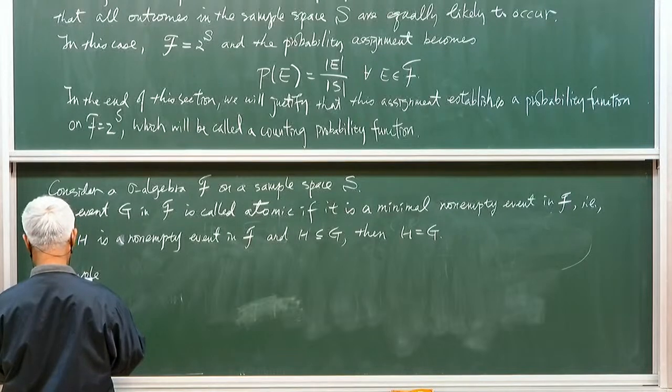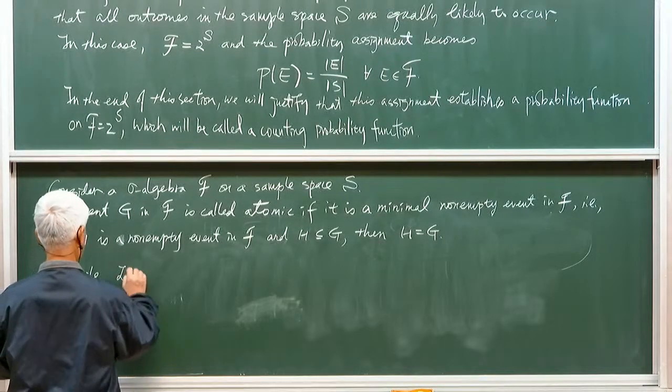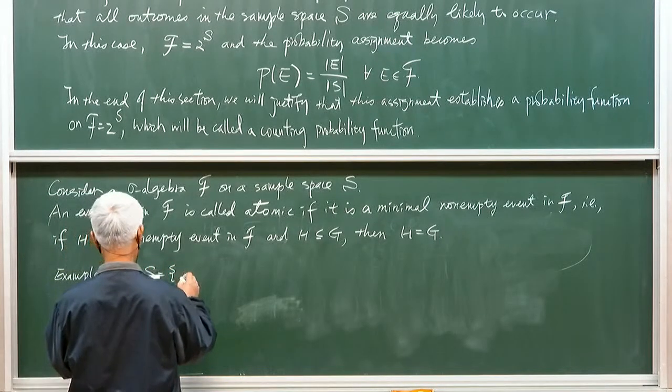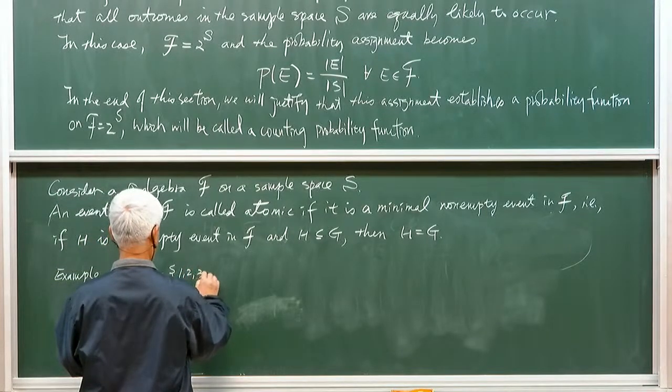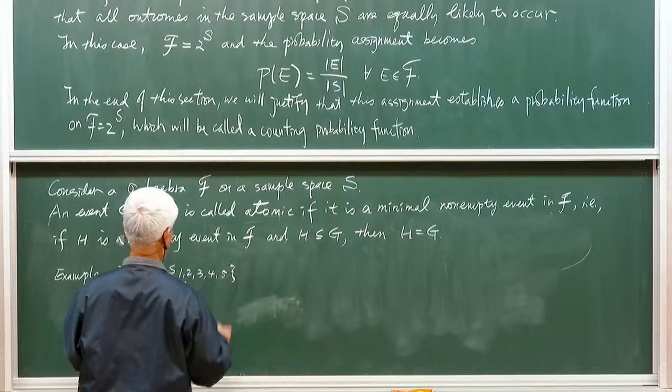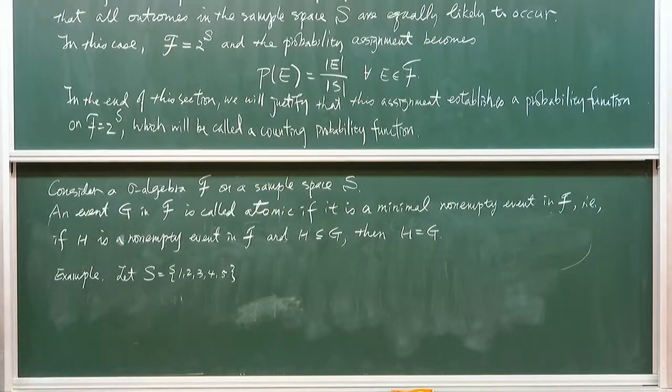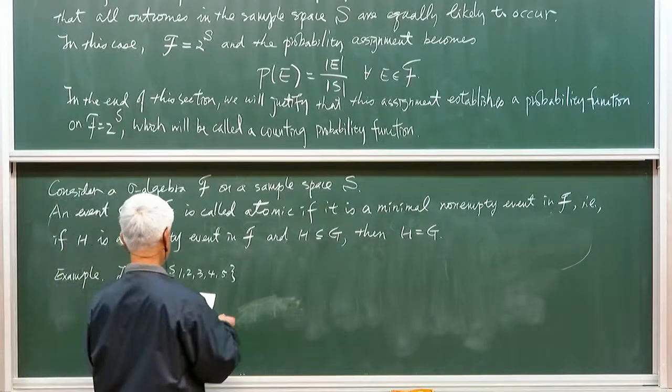Let me check an example. Consider a random experiment with sample space S, the set {1, 2, 3, 4, 5}.